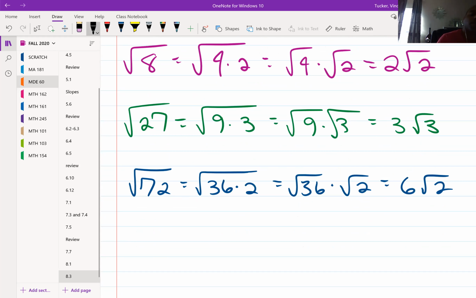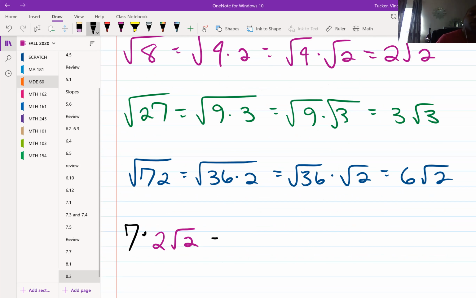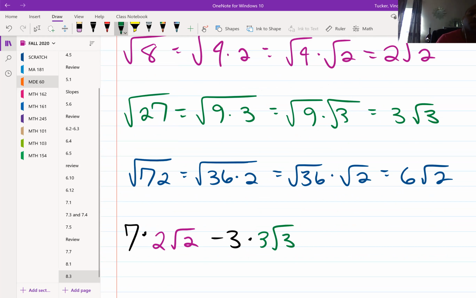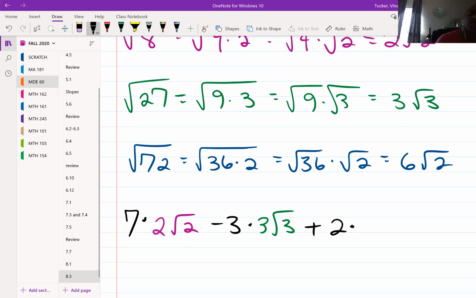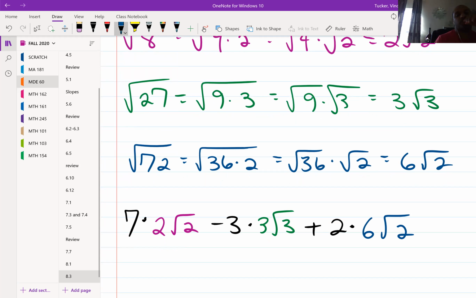All right, so that's 7 times 2 square root of 2. I think it was minus, right? Yep. Minus 3 times 3 square root of 3 plus 2 times 6 square root of 2.